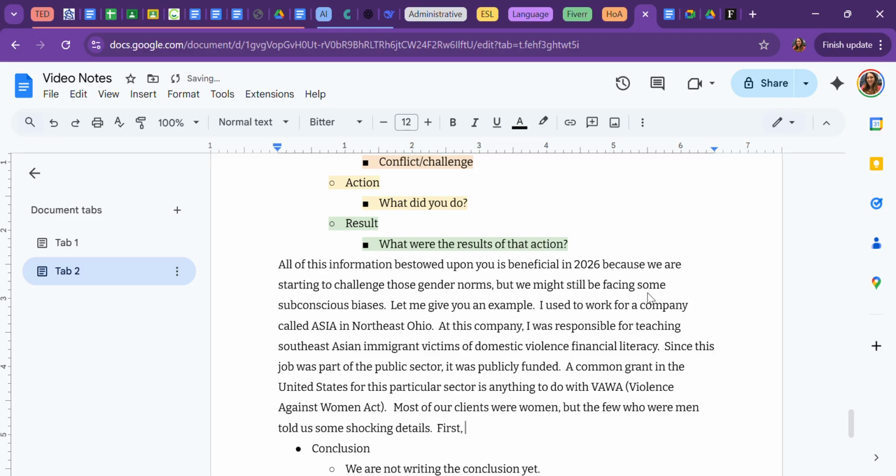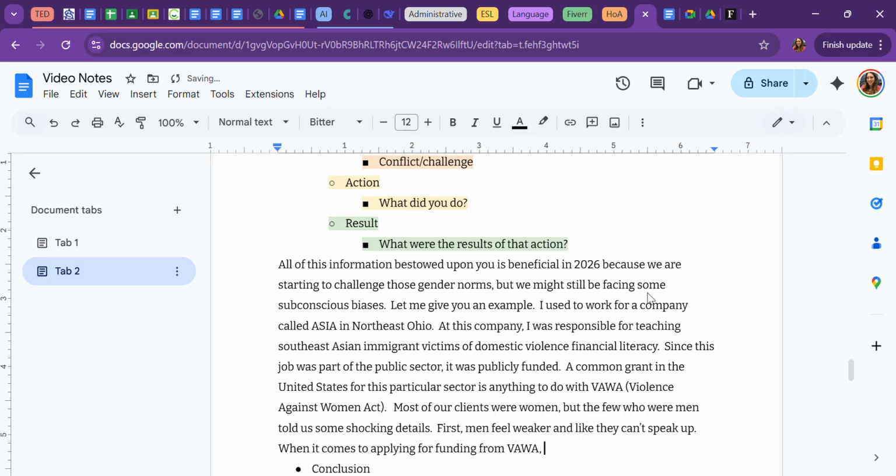First, men feel weaker and like they can't speak up when it comes to applying for funding from VAWA. Men are hesitant to apply.